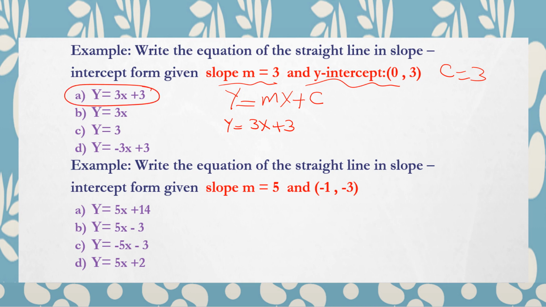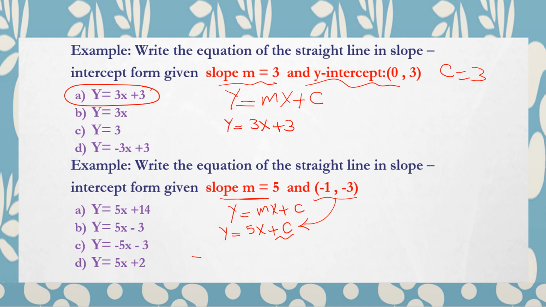Again, write the equation of the straight line in slope-intercept form from slope m equals 5 and a point (-1, -3). In this example, he's asking you about the straight line equation using a slope and 1 point. So the equation is y equals mx plus c, and we already have m, so y equals 5x plus c, and here we need c, and we get it by using the point and substituting in the equation.